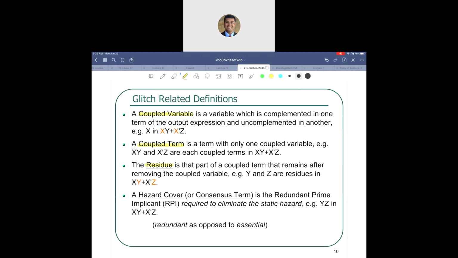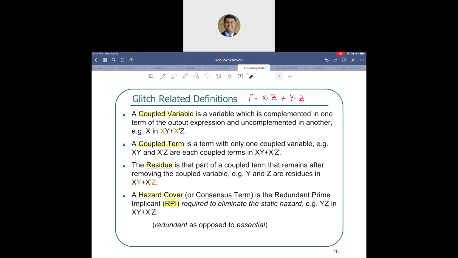And then, of course, the hazard cover is the RPI, which we add. You already saw that in terms of a 3-variable K-map. So if you have that expression, let's say f equals x and z complement or y and z, there is a coupled variable here. What is that? A coupled variable is a variable which is complemented in one term of the output expression and uncomplemented or true in another term of the output.